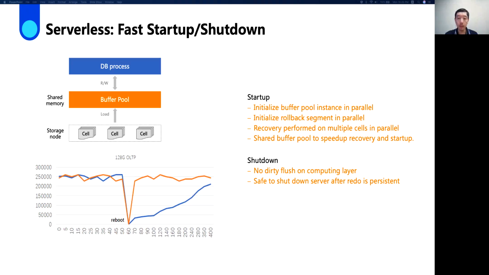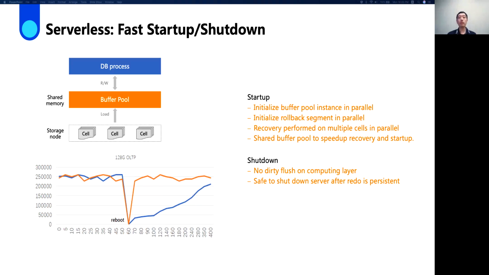As indicated by the orange curve in the figure, after the instance reboot, the system throughput restores to the peak status shortly after it's rebooted, and no performance regression is observed right now.